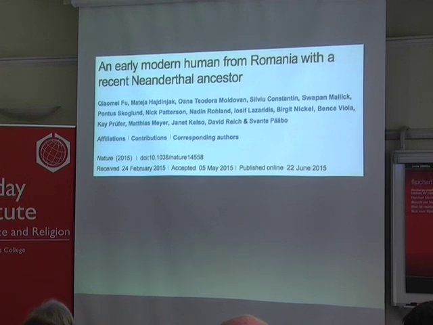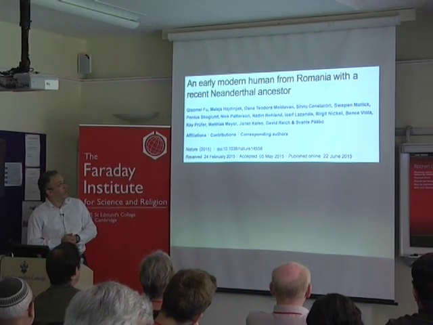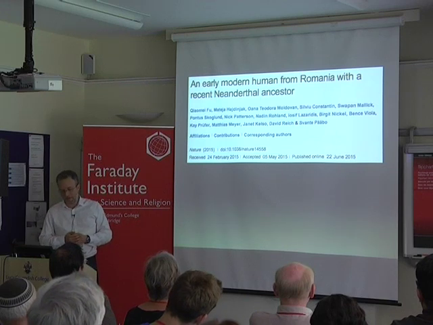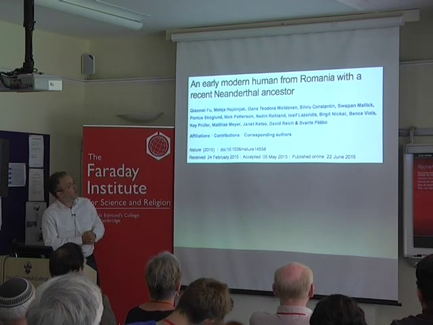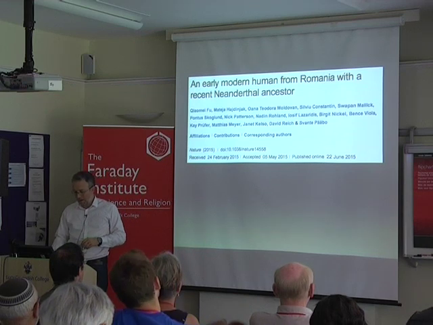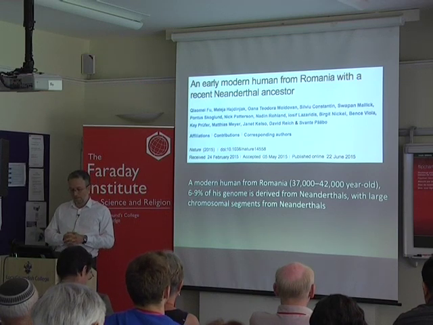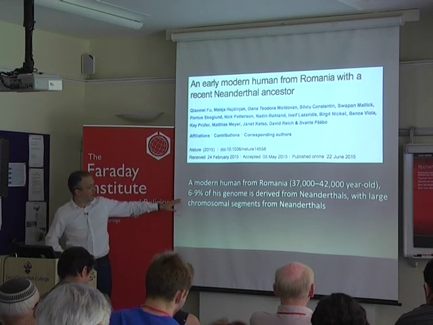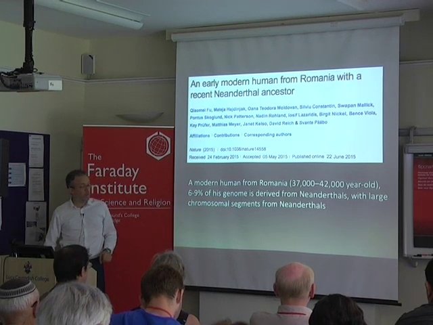Actually, I found this paper just before coming here, published on the 22nd of June. The same team, Svante Pääbo from Germany, usually the leading scientist in that field, managed to sequence a modern individual dated between 37 and 40,000 years ago in Romania. And they found out that in his genome, 6 to 9% was derived from Neanderthals.